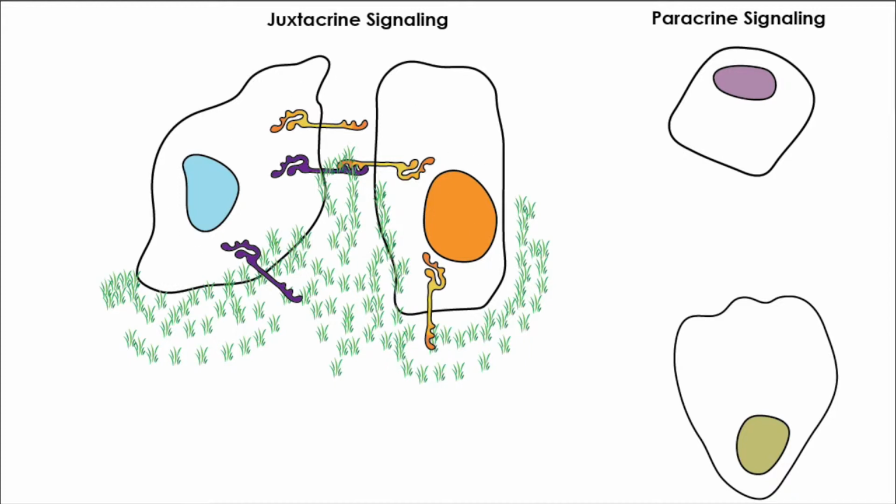Similarly, in paracrine signaling, for a cell to be competent to respond to a given signal, it must express the appropriate receptor. However, the difference between paracrine signaling and juxtacrine signaling really lies in the fact that there is a clear signaling cell, one that is secreting some factor that will serve as a ligand to communicate information to any cell in its local environment, whether adjacent or many cell distances away.